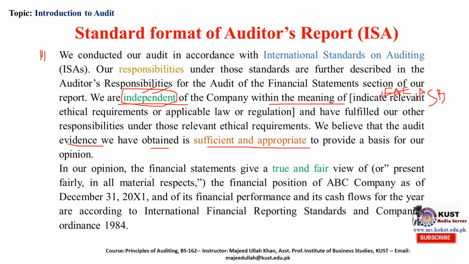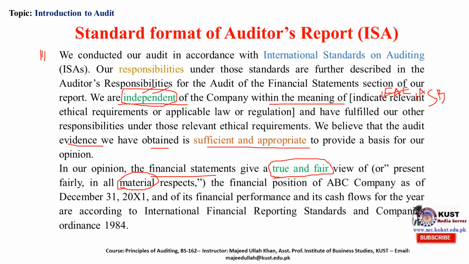In our opinion, the financial statements give a true and fair view. This is the final thing that the auditor extracts from the whole audit process. They present fairly in all material aspects; the word material will be discussed in ISA 320, on materiality.